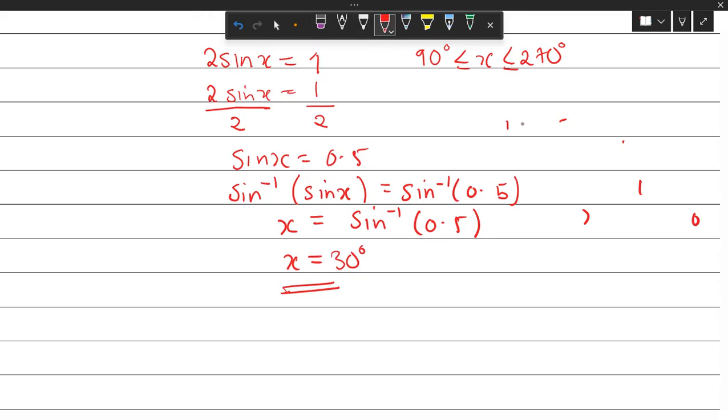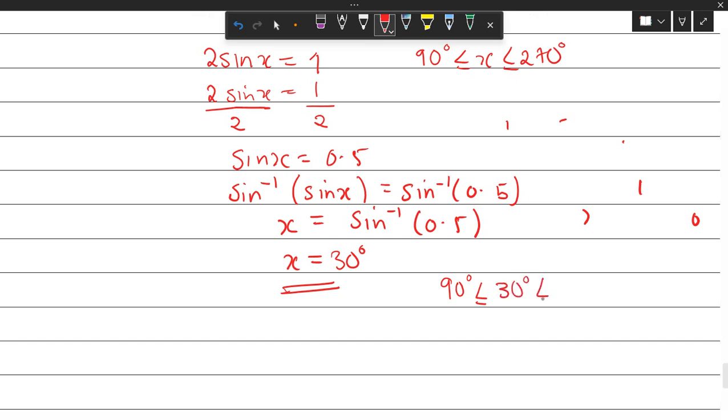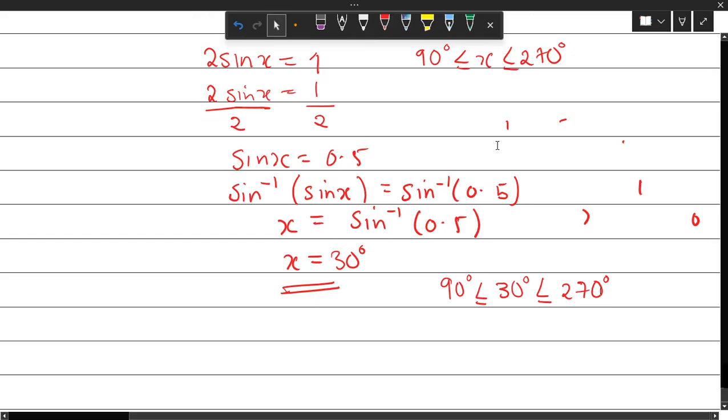Let's try just to make sure our answer is correct. They are saying 90 degrees less or equal to x, which is 30, which is less or equal to 270. So 90 is less than or equal to 30?